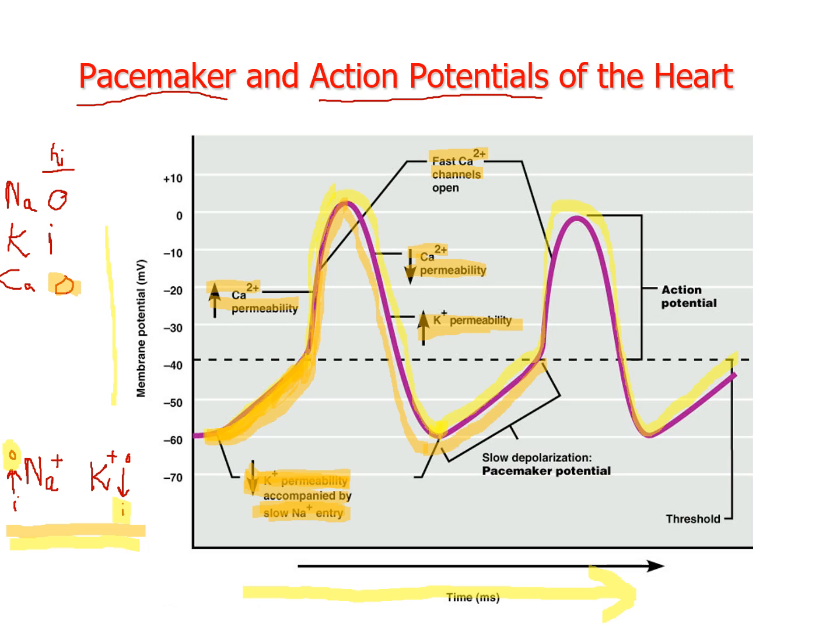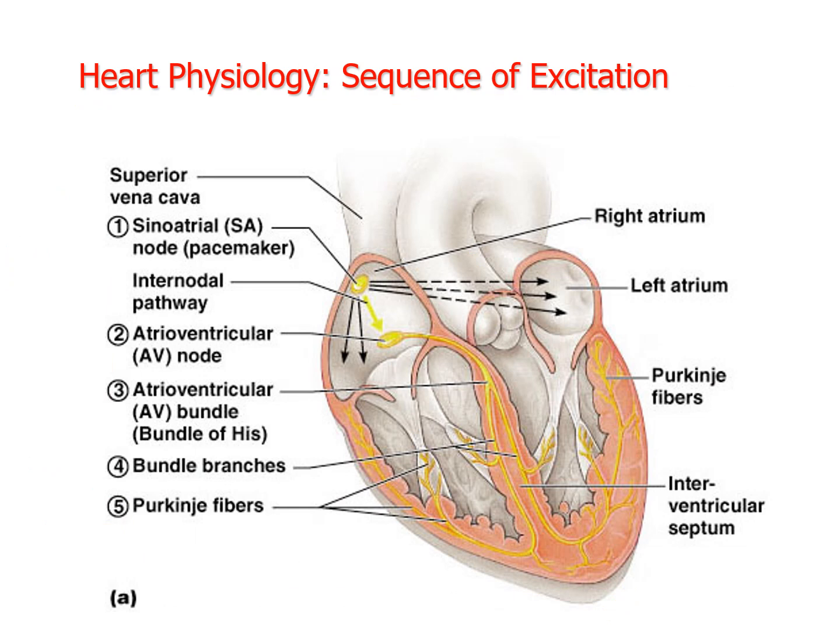And these will spread. Each time the action potential is generated, it spreads into the cardiac muscle cells that have contractile ability, the vast majority of the rest of the tissue of the heart. The actual pacemaker tissue is located in what's called the sinoatrial node in the wall of the right atrium. And it spontaneously depolarizes, and that depolarizing impulse spreads down to what is called the atrioventricular node, or AV node.